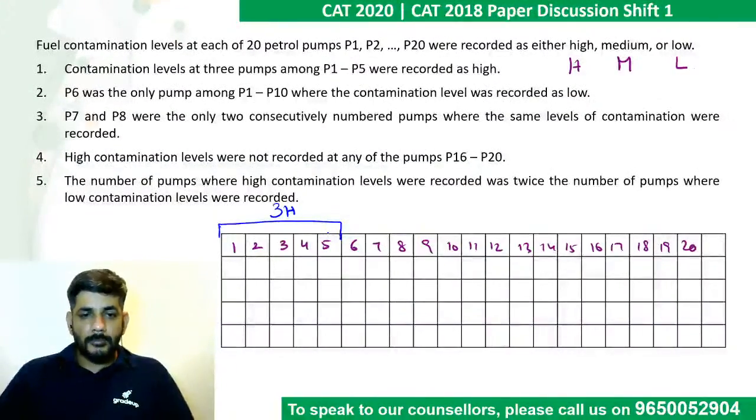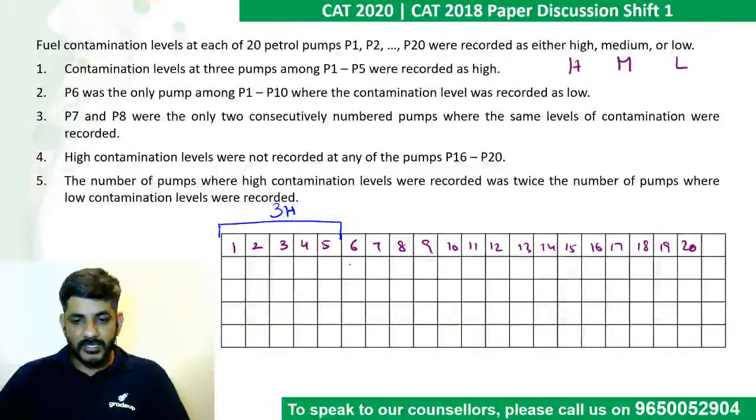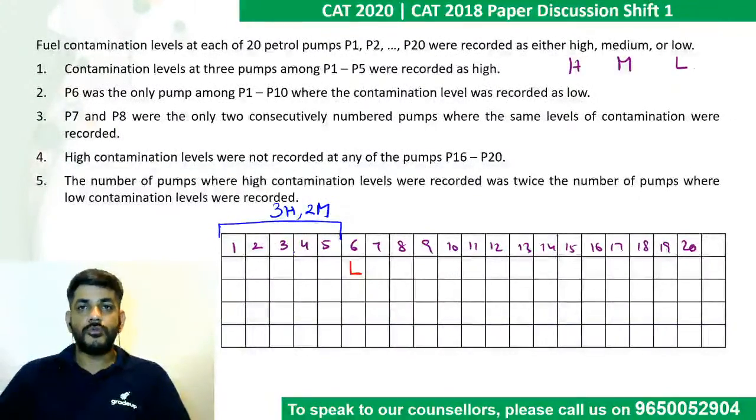P6 was the only pump among P1 to P10 where the contamination level was recorded as low. So P6 contamination level is low and it is the only pump. It is the only pump means that in the first 5 pumps, apart from 3 H's, the other 2 should be M because no more low can be there now in the first 10 pumps.